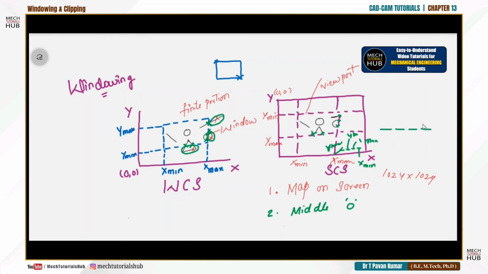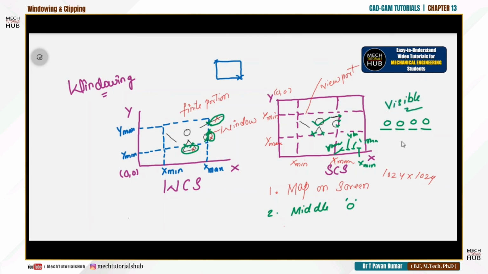When all 4 bits are zeros, x minimum 0, x maximum 0, y minimum 0, y maximum 0, then that zone is the middle box area, which is the completely visible zone.